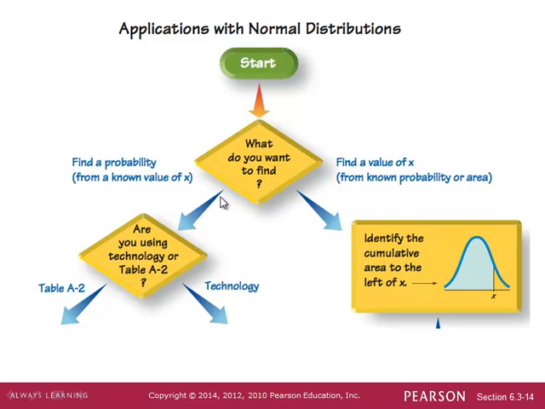Now, if you want to find the probability, then you can either use the table, as in the z table, or you can use technology. If you want to find the value of x from the known probability, then identify the cumulative area to the left of x, and if it's to the right, then subtract from 1 to get area to the left.